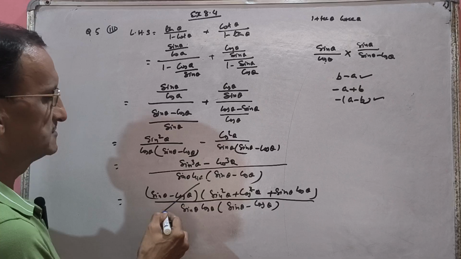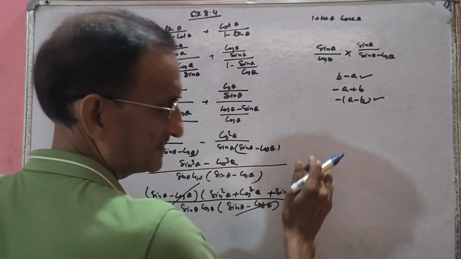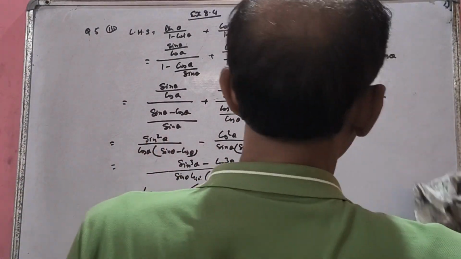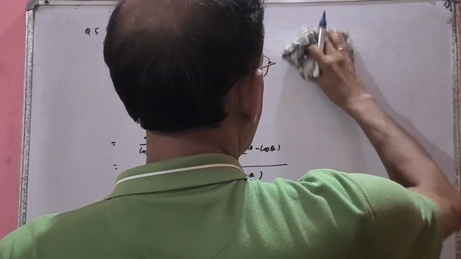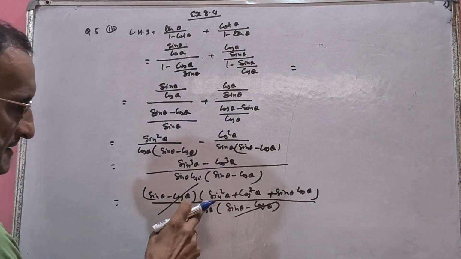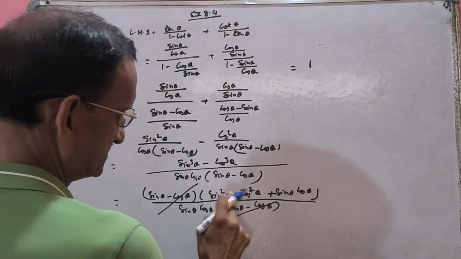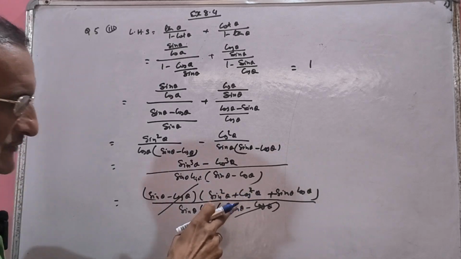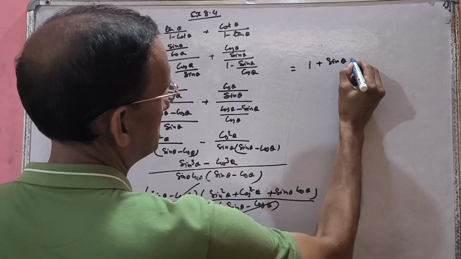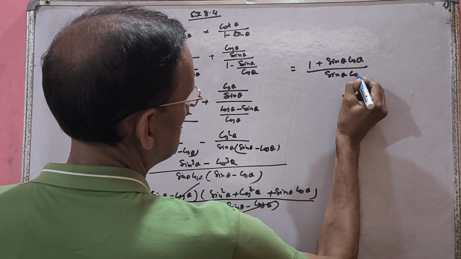Okay. This cancels very clearly. Now I can write here. See, sine square theta plus cos square theta, we have the first identity, equal to 1, plus sine theta into cos theta, by sine theta into cos theta.